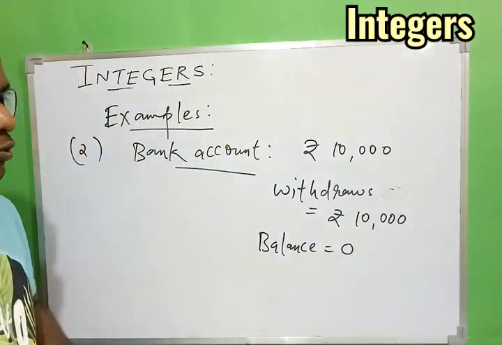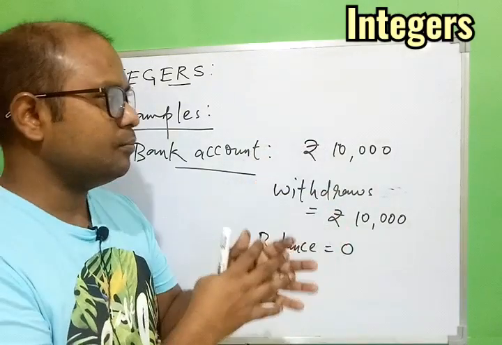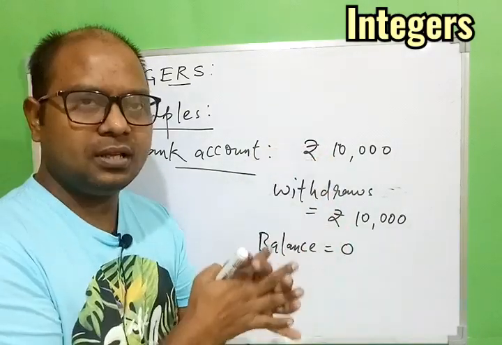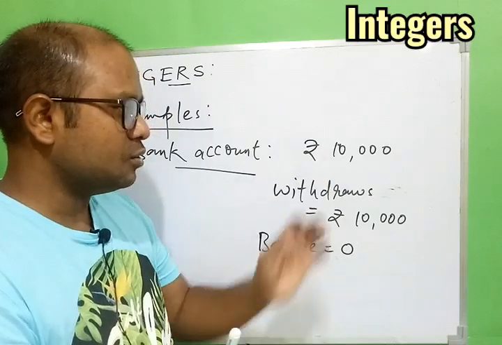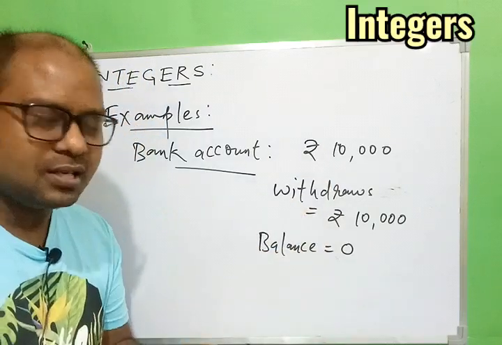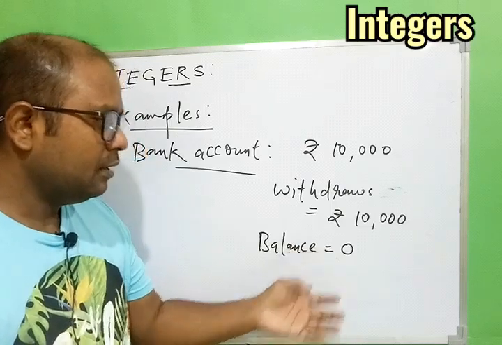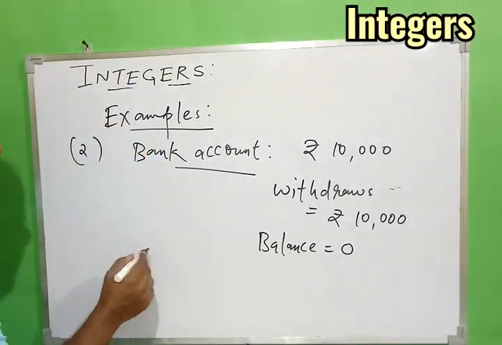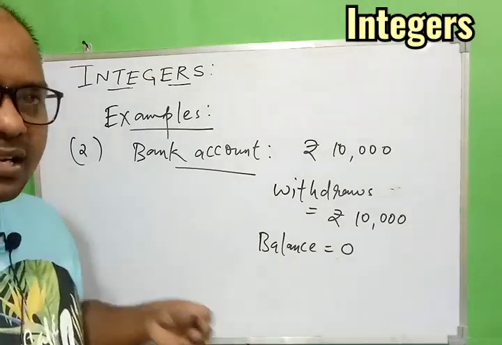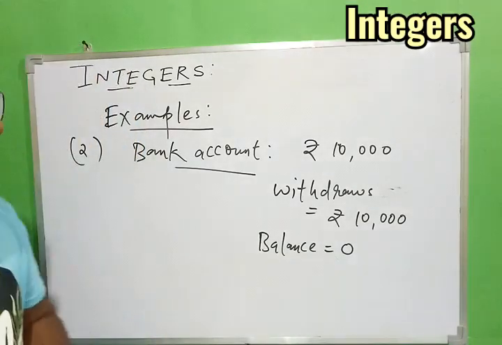0. So here we can say he had a positive value of the amount in the account, that is 10,000. Once the withdrawal is done, it comes to 0, that is nothing is there, that is nil. Now one thing we know, that the bank can charge some maintenance for the year.